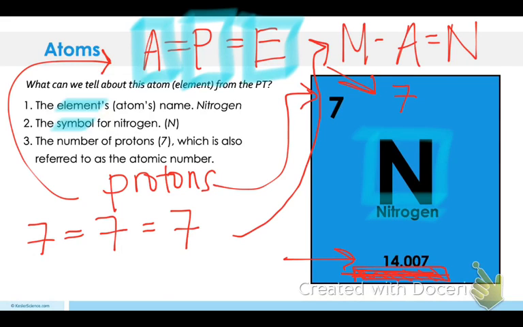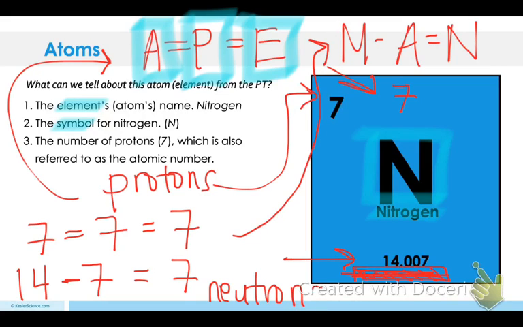I'm going to take the mass, which is 14 here, and subtract the atomic number, which is 7, and it's going to equal the number of neutrons that I have, 7. So if you want to play that again, you can. Go ahead and pause it here. Make sure that you have this example of nitrogen written down, and you're drawing the box and labeling the atomic number, the atomic mass, the symbol, and the name.